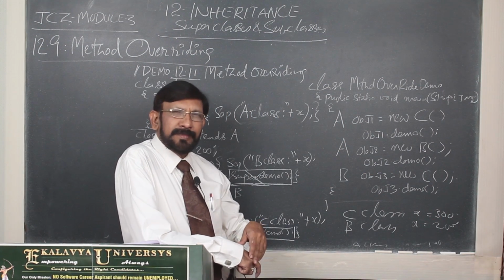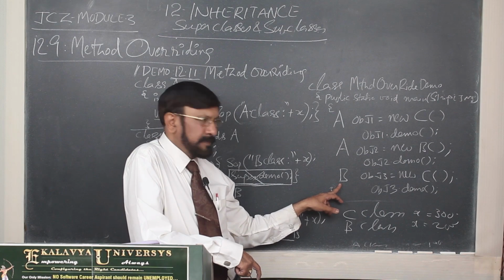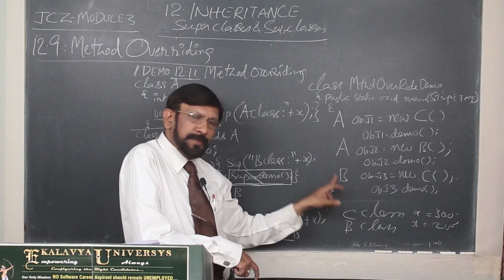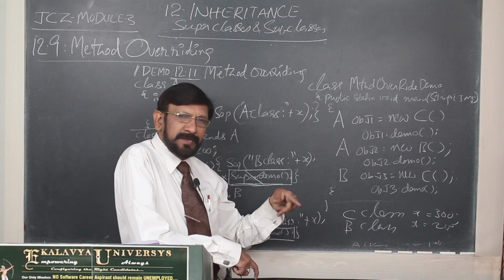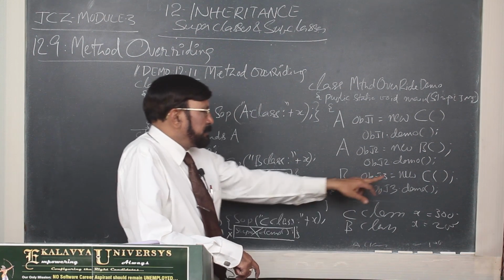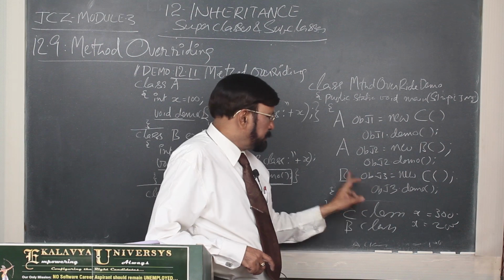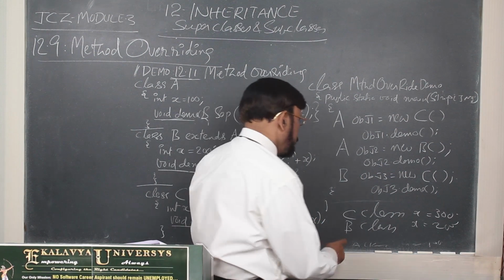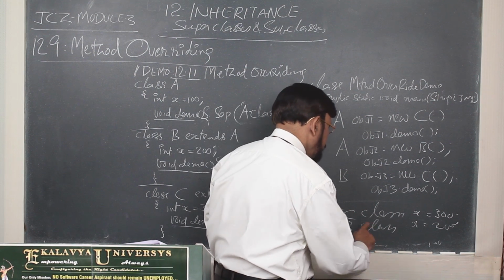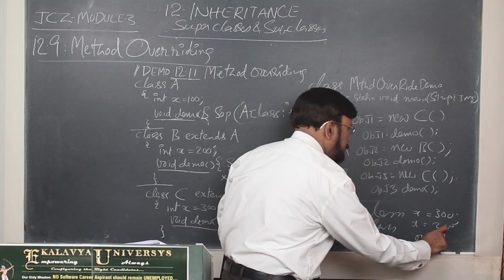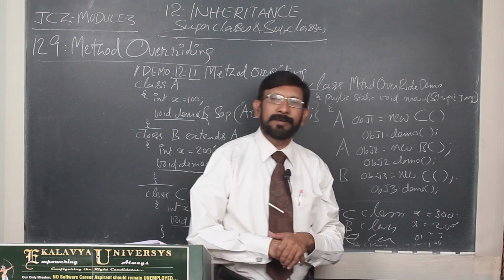Next, object 3, reference type is B. For C, B is compatible. That is why I have taken C. C's reference type is B. Now, which version is printed? The same version, that is C class X is equal to 300. Okay.